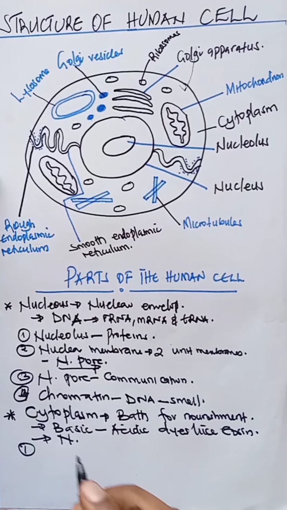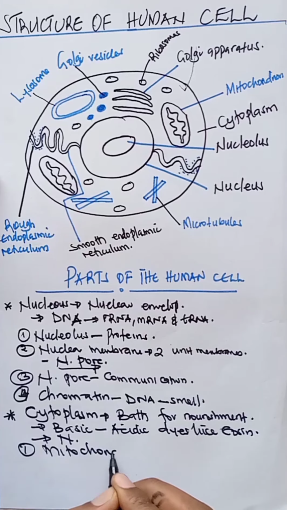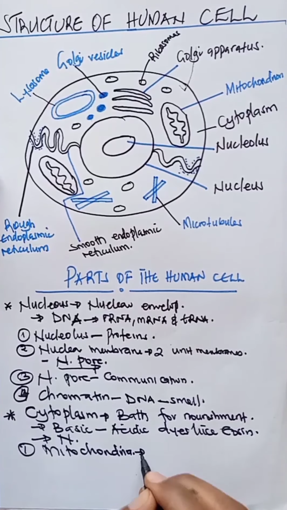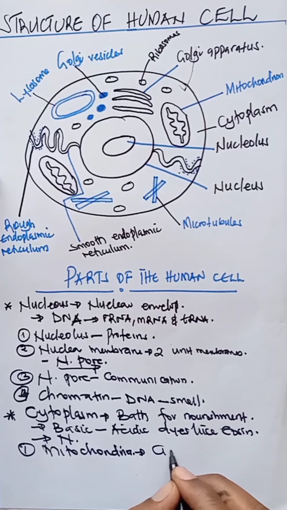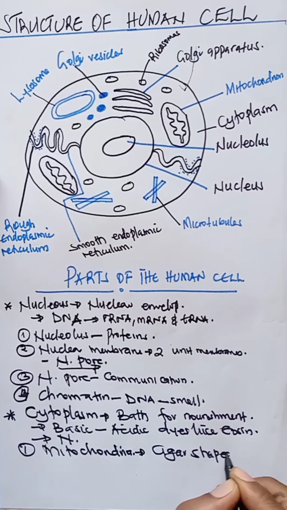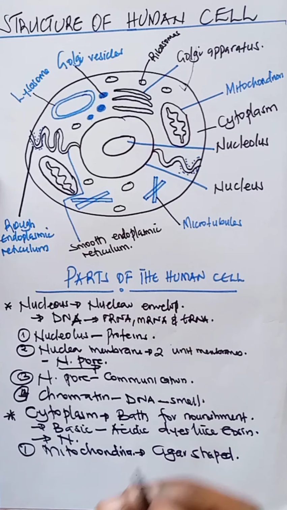One of them is the mitochondria, or what can be called mitochondrion, which is cigar-shaped. When you look at its structure, the mitochondria is cigar-shaped, sometimes called ellipsoidal, and it occurs in various numbers and sizes.